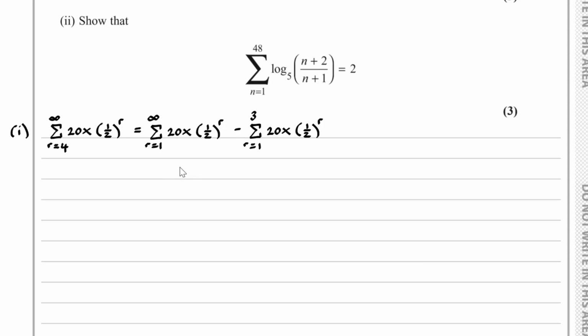Let's just write this down. So here we have a geometric series to infinity, and here we have a geometric sum to 3. Okay?